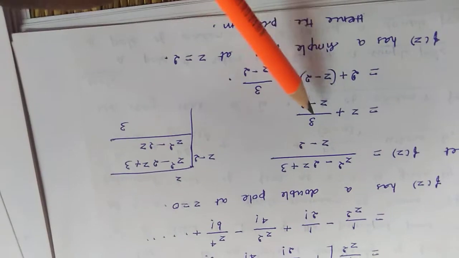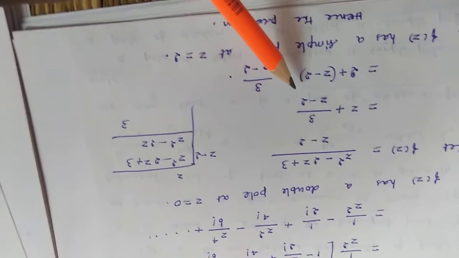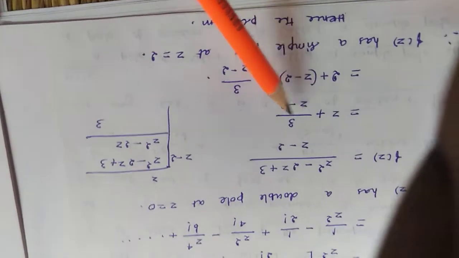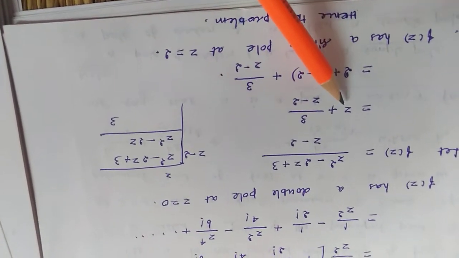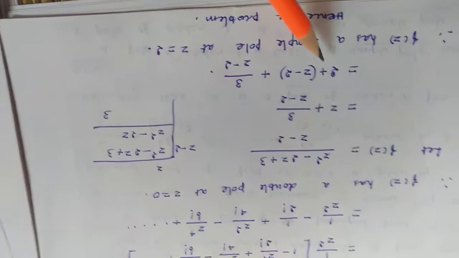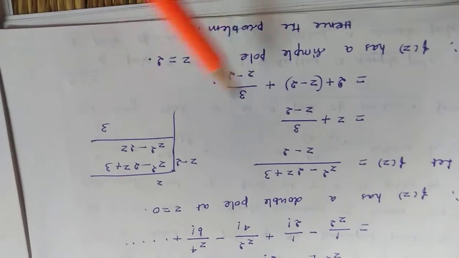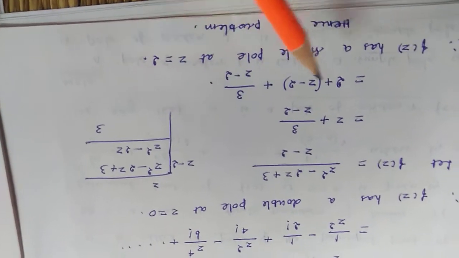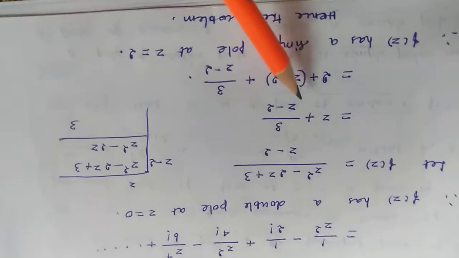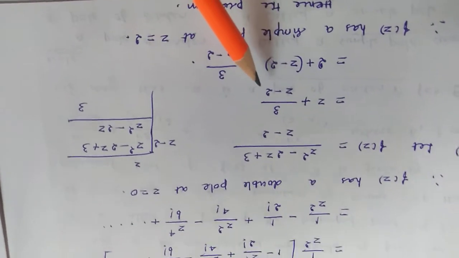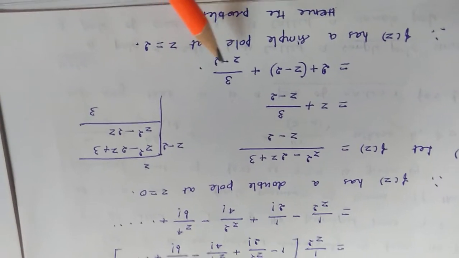So this becomes z plus 3 by z minus 2, where all the terms involve only z minus 2. Expanding, 2 plus (z minus 2) plus 3 by (z minus 2), the function involves 2 into (z minus 2) power 0 plus (z minus 2) power 1 plus 3 by (z minus 2) power 1.